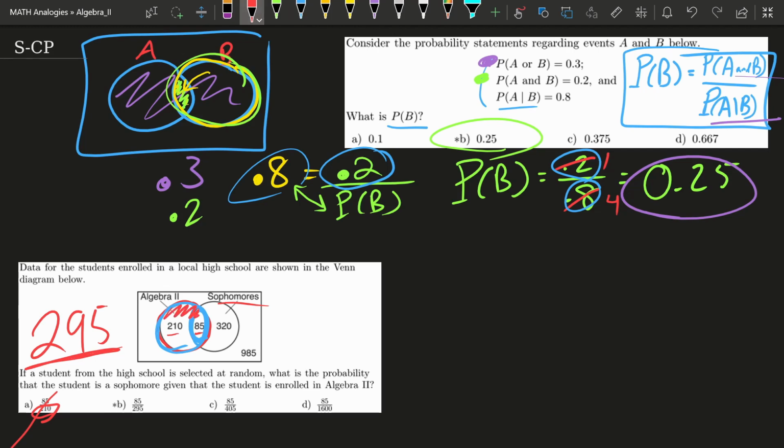So given that we were in Algebra 2, we were not over here, we were in Algebra 2. So given that we were in Algebra 2, how many turned out to be sophomores? It was 85. So our answer, 85 out of 295, making it choice B.